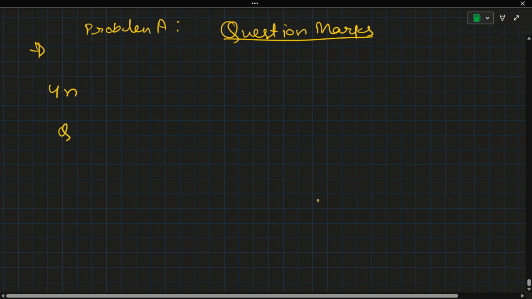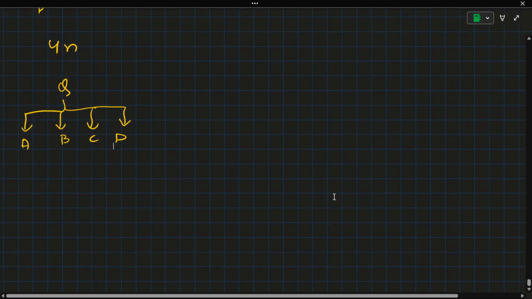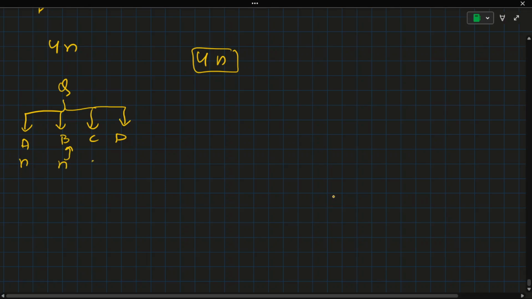For each question there are four options available: A, B, C, and D. And it is given that if there are 4n questions, then there are n questions for which the answer is A, n questions for which the answer is B, n for C, and n for D. I hope you get the point of what I am trying to explain. So let's move to the approach of this problem.